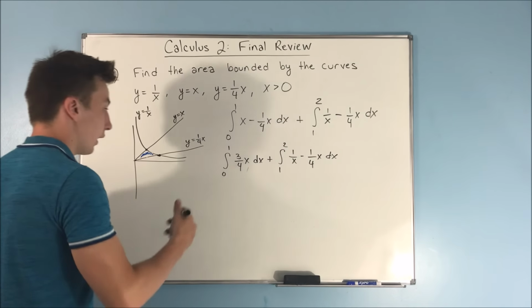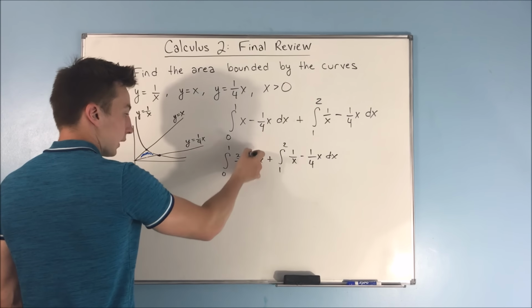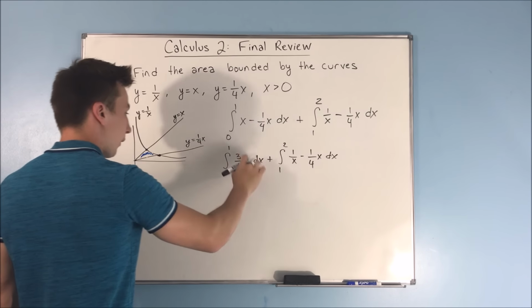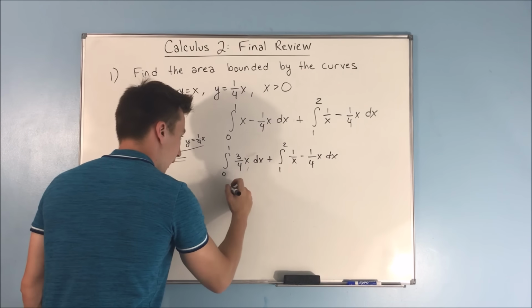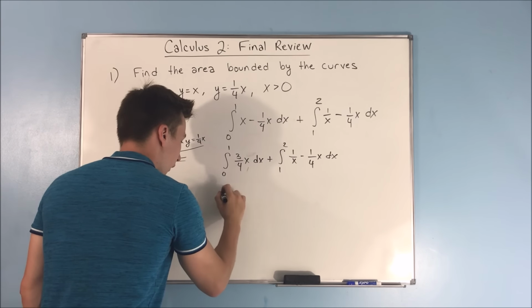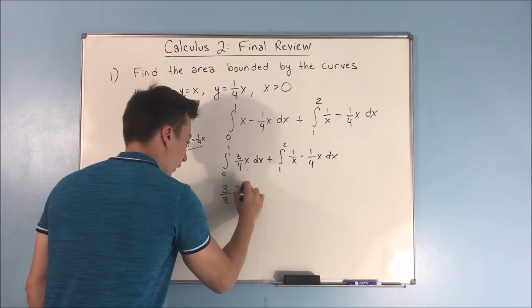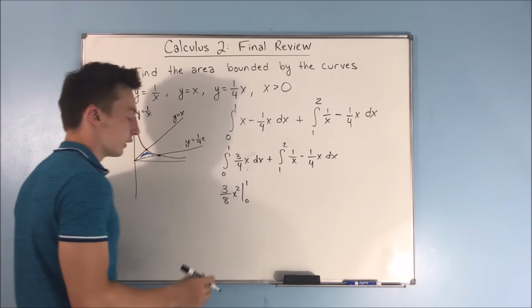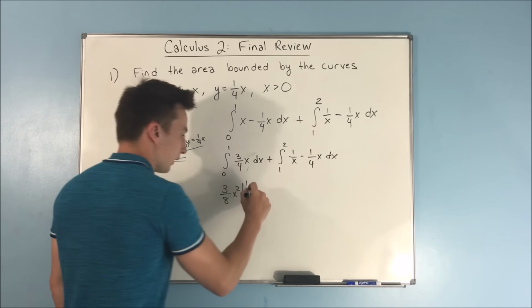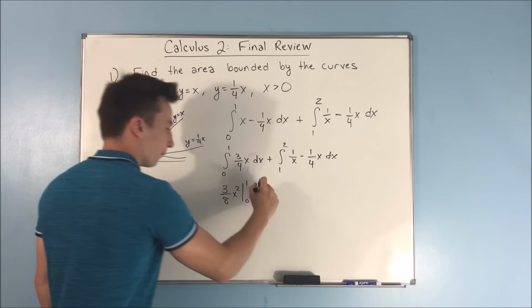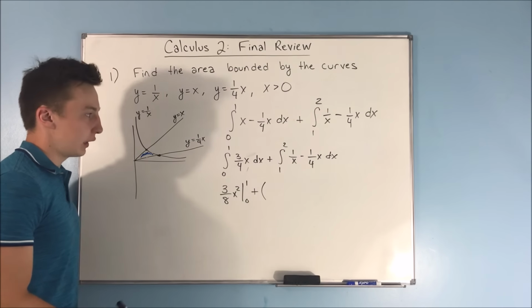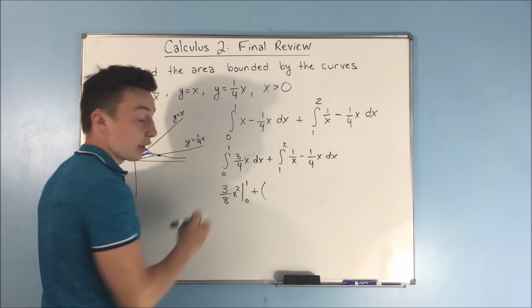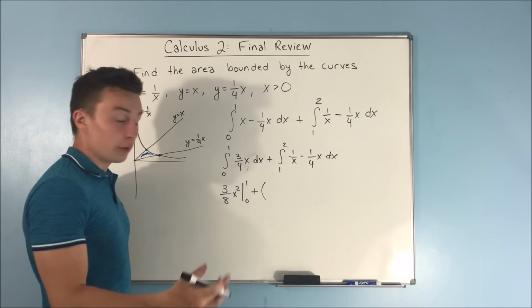Now, when you integrate here, this power will get raised to a 2, and then we'll divide by 2. So we'll be getting 3 over 8 x squared, and that'll be evaluated from 0 to 1. And then we have plus, we'll do this in parentheses here. This will be the integral of 1 over x, which is natural log absolute value of x.